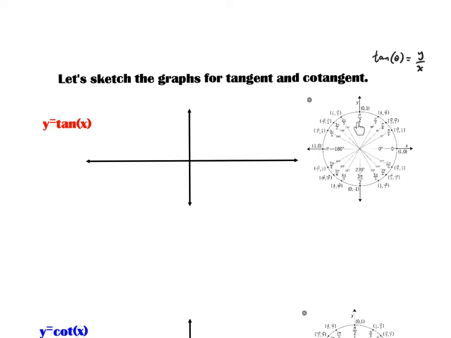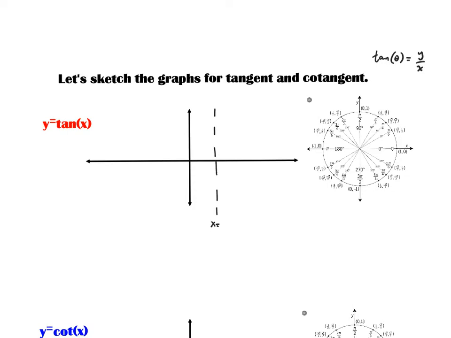Any odd multiple of pi over 2, so pi over 2, 3 pi over 2, 5 pi over 2, 7 pi over 2, 9, 11, 13, etc., we will get an undefined output, so a vertical asymptote. So let me sketch a couple of vertical asymptotes here.